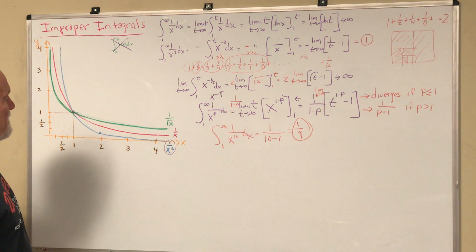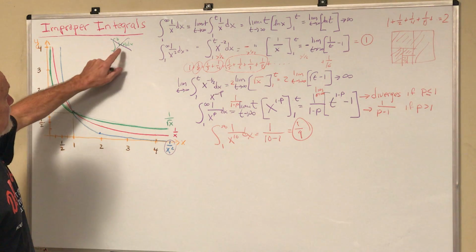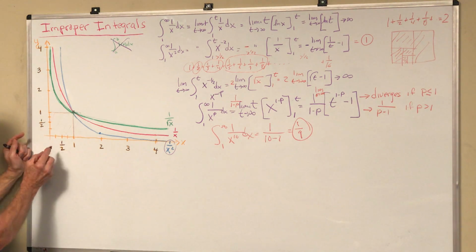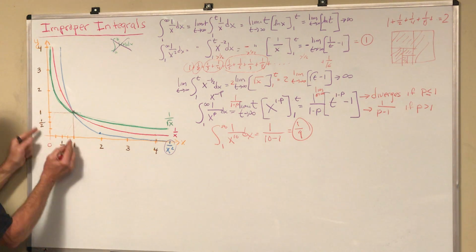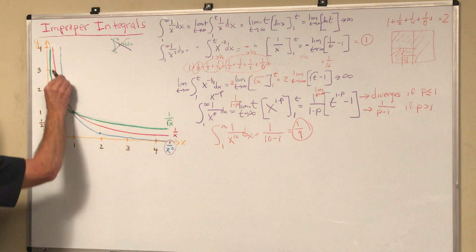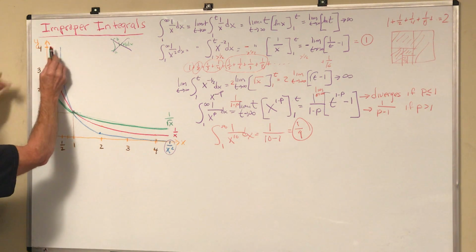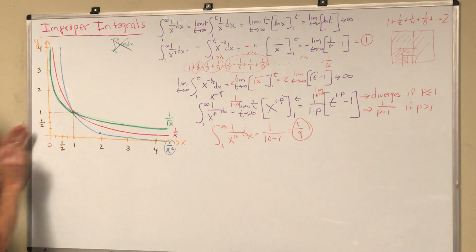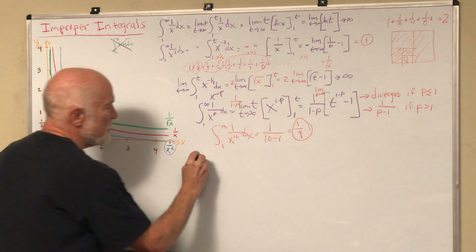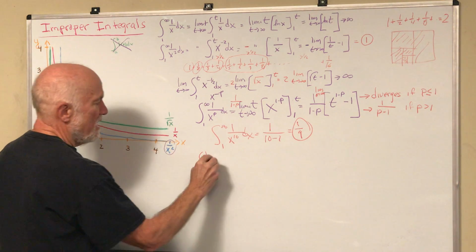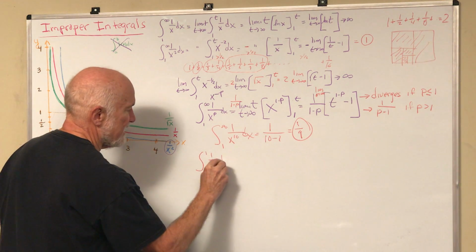Now, the other thing that would make something improper is if f of x is not continuous. So what if we were trying to find the area between 0 and 1 under 1 over x? So all this area under this pink curve between 0 and 1, the answer would be the integral from 0 to 1 of 1 over x dx.